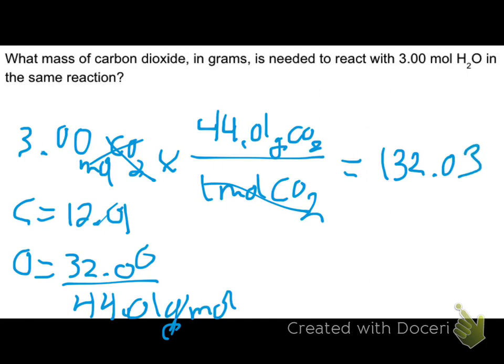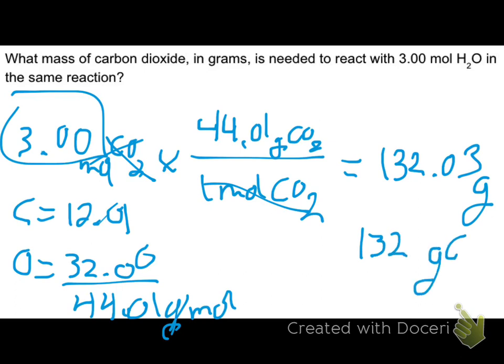And that would be grams. And then that's just our answer. We can round it to 3 significant figures because this is a multiplication problem and our smallest number of significant figures is 3, so we get 132 grams of CO2.